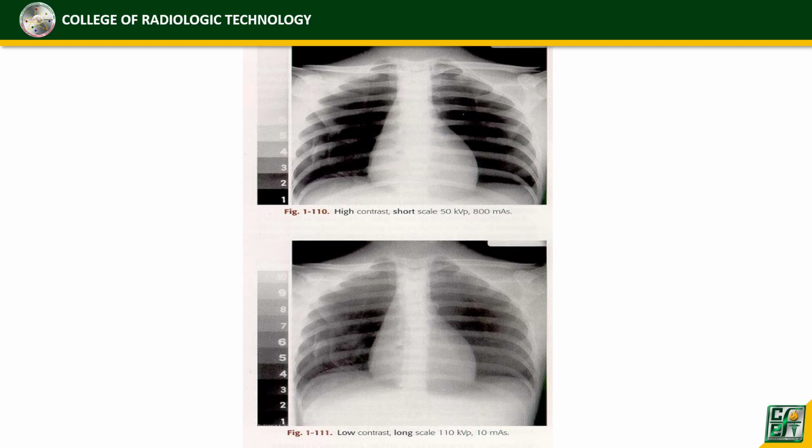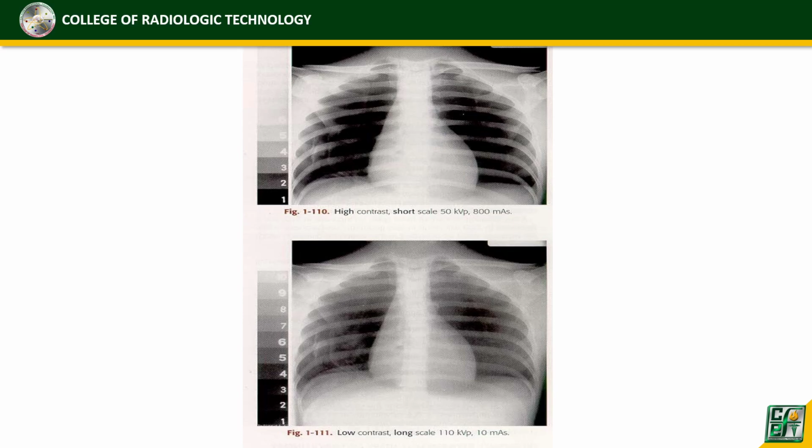In the slide, we have the high contrast, short scale, and low contrast, long scale. In the first image, the technical factors used are 50 kVp and 800 mAs.